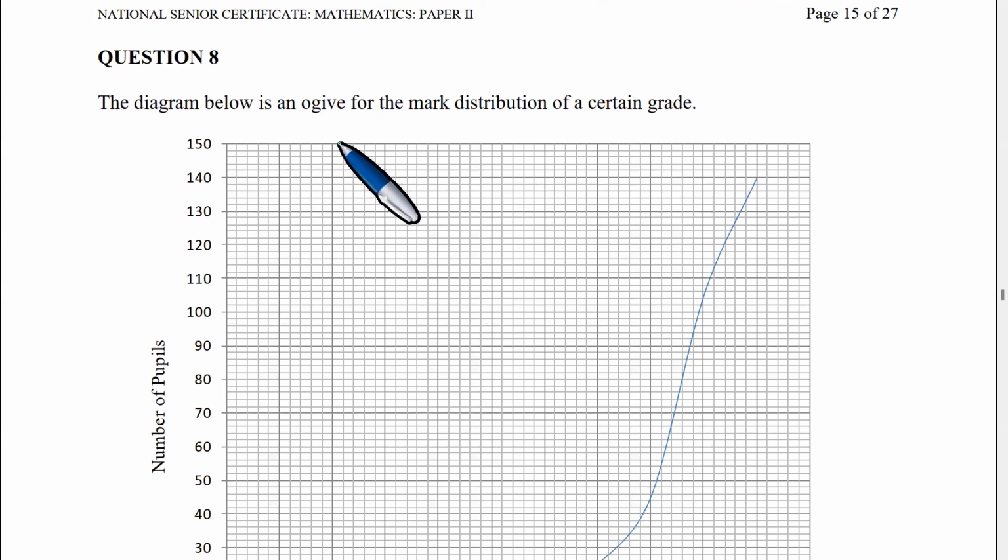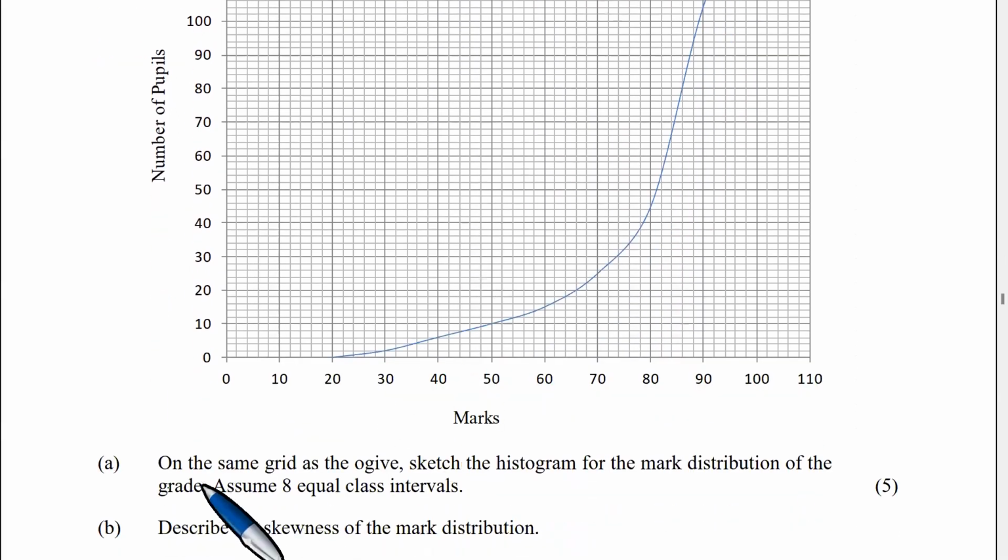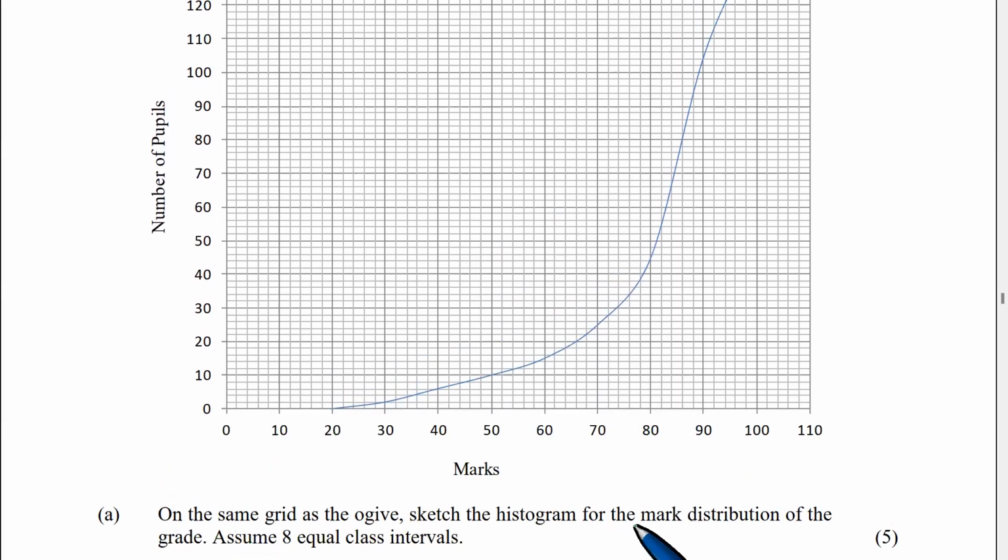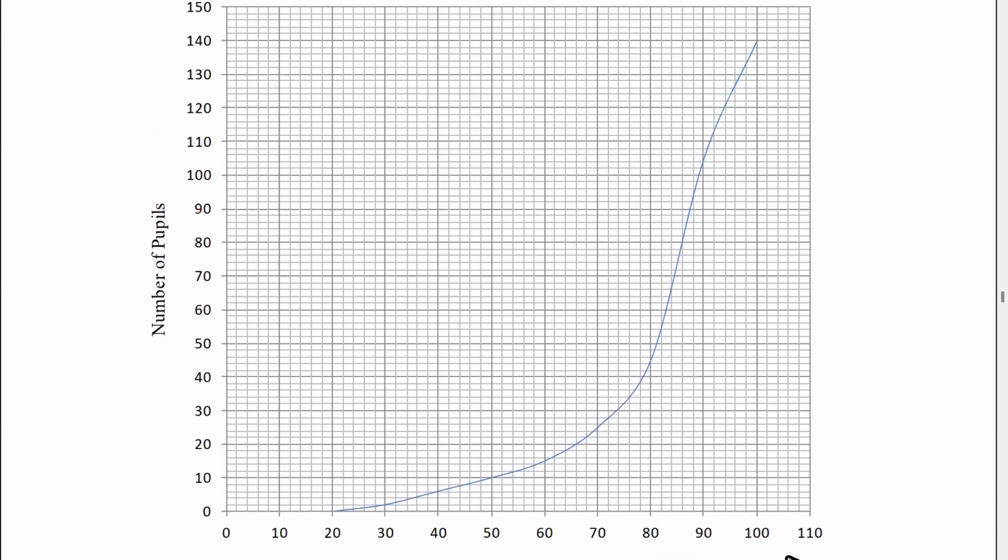The diagram below is an OGIV for the mark distribution of a certain grade, and right on the same grid as the OGIV sketch, the histogram for the mark distribution of the grade. So I'm going to try to use a slightly detailed approach on this. To do this, you can actually use this table here and use the class intervals.